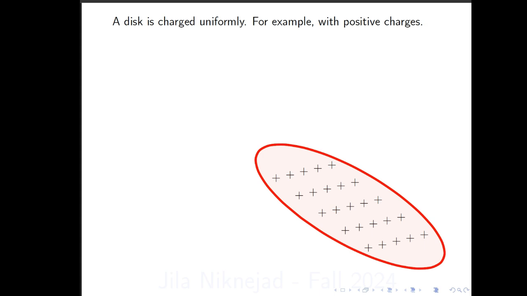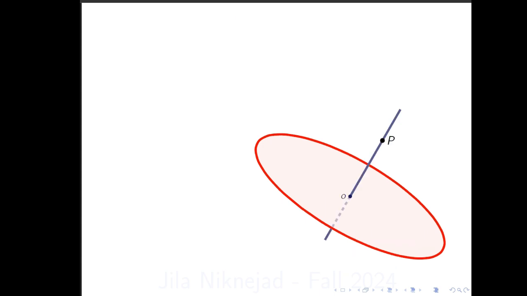Looking at this disk and point P, the distance from the origin to P is z, and the radius of the disk is capital R. We are also planning to use rings of width delta r and radius little r on this disk.